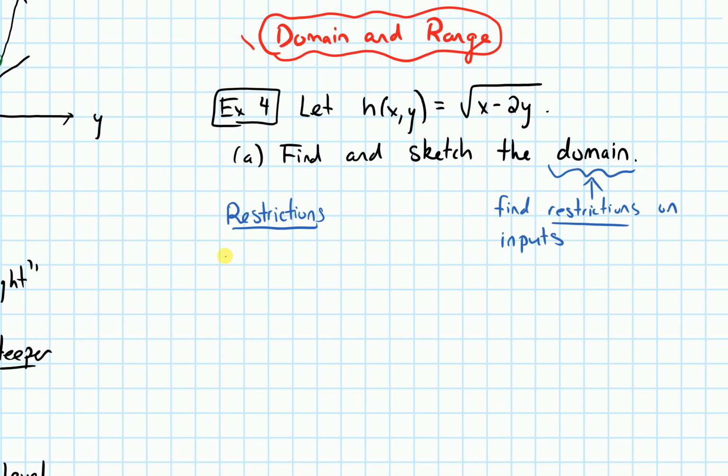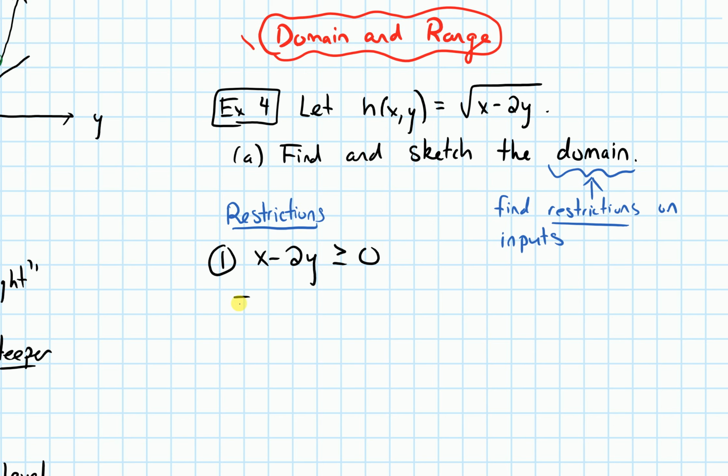In a function like this with a square root, the restriction on the inputs is that the inside of the root, x minus 2y, needs to be greater than or equal to 0. I need that to be the case, otherwise I'll end up with something that's undefined.